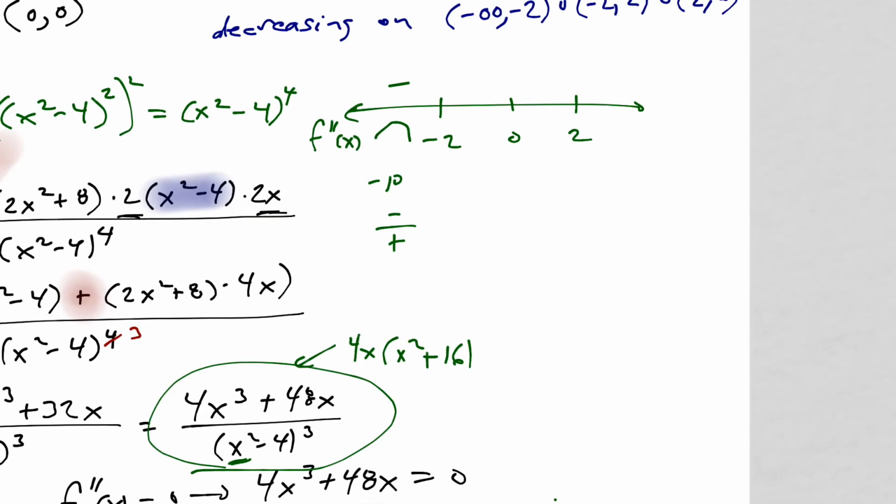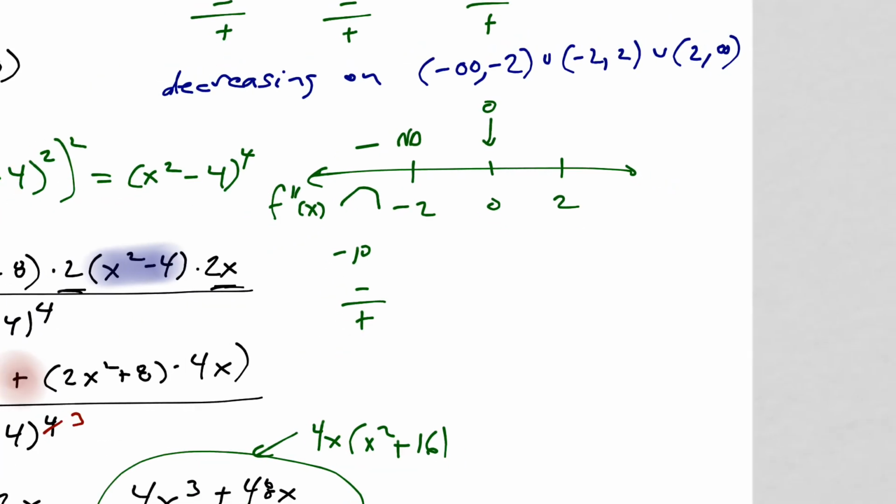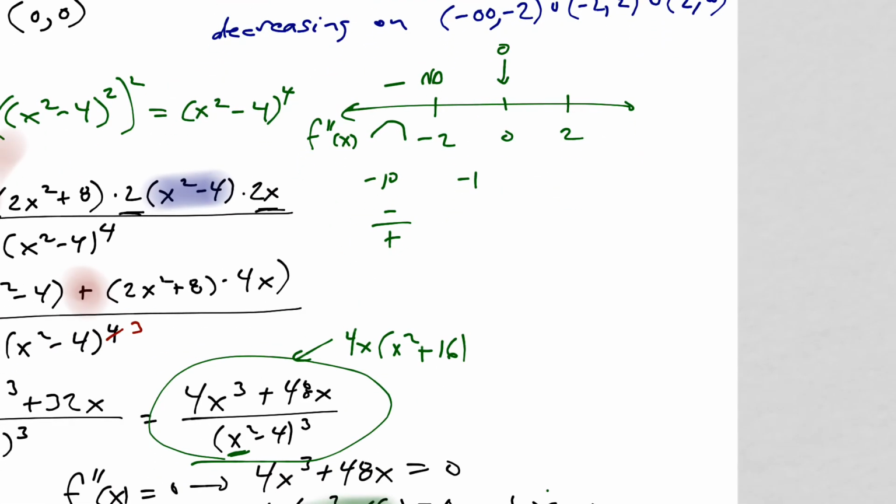Then remember, the value is not defined here, but the second derivative function is equal to 0 at 0. So for a test point like -1, the numerator is still going to be negative, but this time the -4 term becomes sort of the bigger term.